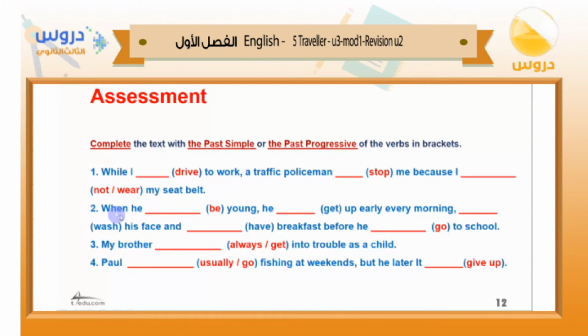Number two, when he be young, he get up early every morning, wash his face and have breakfast before he go to school. My brother always get into trouble as a child, and Paul usually go fishing at weekends, but he later give up. So your mission is to complete the text with the past simple or past progressive of the verb in the practice. All right, so keep in mind this lesson is a revision, so we are not going to expand more in explanation. We are just doing the exercise.